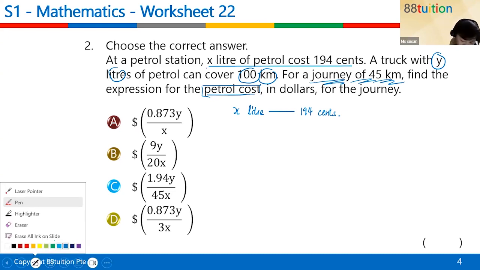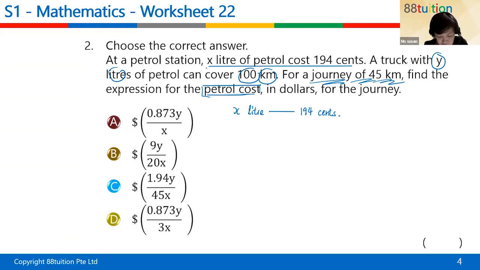This ratio tells you that for Y liters, you can cover 100 kilometers. So what is the only information given to you? Is the 45 kilometers, right? Because you don't know how much you are going to use for that journey, but you know that he travels 45 kilometers.